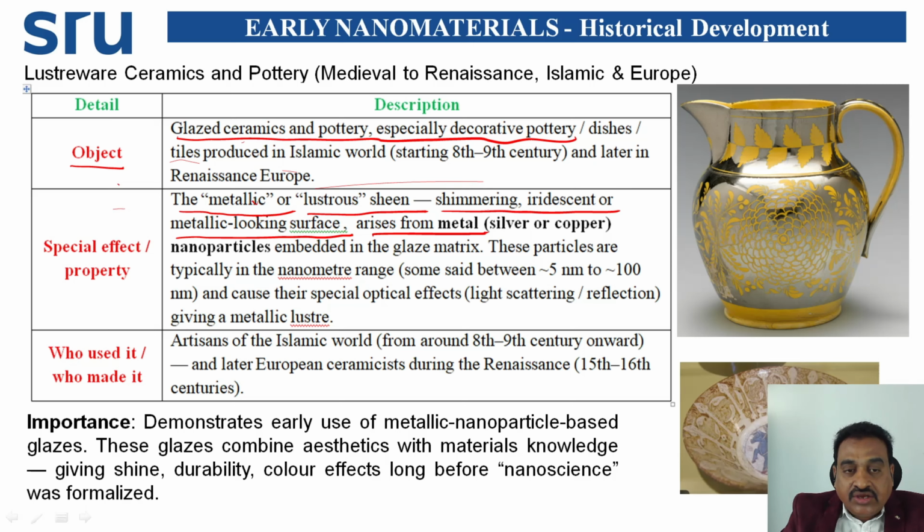Who made it? Who used it? Artisans of the Islamic world, from around the 8th to 9th century onward, and later European ceramics during the 15th to 16th centuries, prepared it. So what is the importance you see?